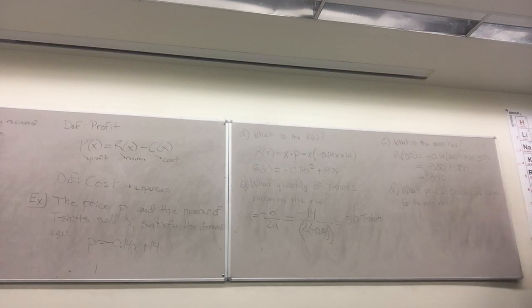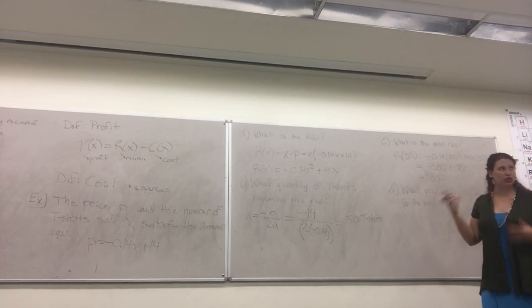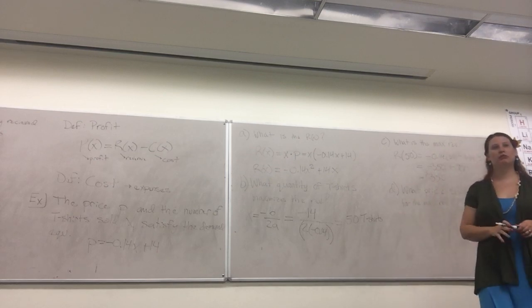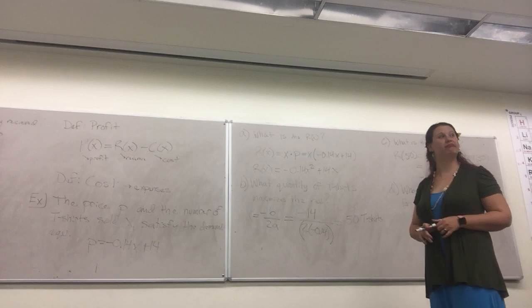So would you plug in 50 to get the maximum? To the original? Well, we just did that to get 350. So we're not asking what is the maximum revenue. We're asking how much do we have to charge per t-shirt to get that maximum revenue. Would you just divide?